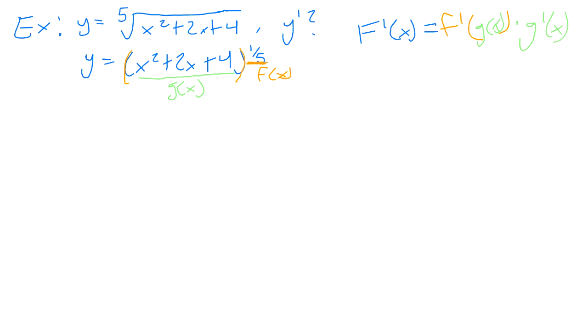So now let's go ahead and plug this in. If we derive this whole thing to the 1/5 power, we can bring down that 1/5, and then the new power is going to be negative 4/5. And then we can just leave the inside the same.